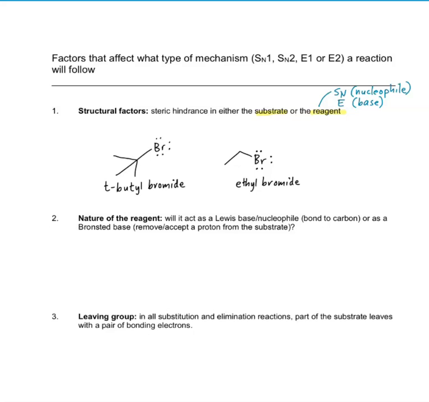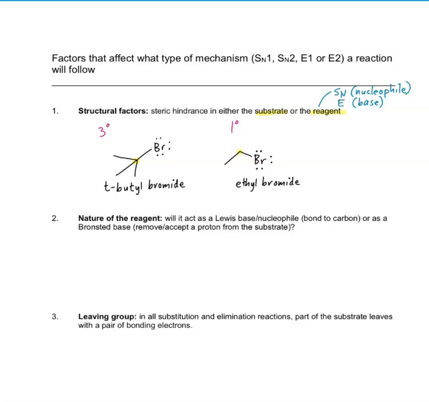So in tert-butyl bromide, the leaving group, the bromine, is attached to a tertiary carbon, and so we can call this a tertiary substrate. Whereas in ethyl bromide, the bromine is attached to a primary carbon, and so this is a primary substrate.